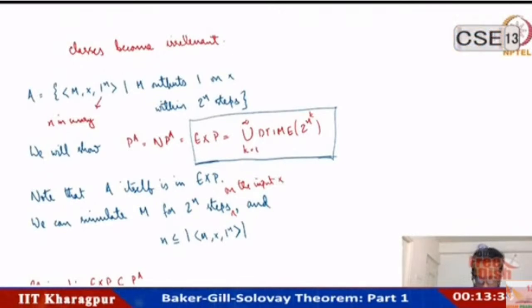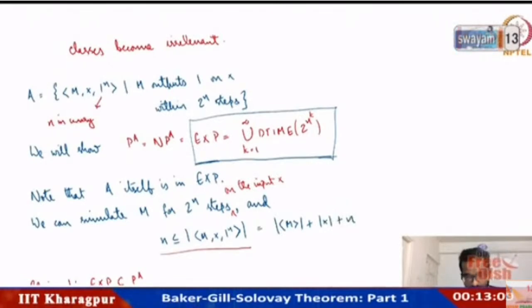And the input length is bigger than n, right? So the input length is basically equal to the size of the description of M, plus the length of x plus n. So this is certainly at least n, and it runs in 2^n steps.